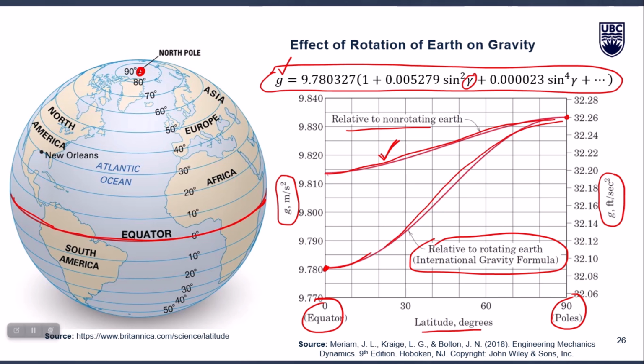And why should this second line, which I'm highlighting now, not be a constant line? Any ideas? Yes, exactly. We don't have a perfect sphere here with a constant r value. Earth is an oblate shape. Therefore, you have a greater distance at the equator compared to at the poles.